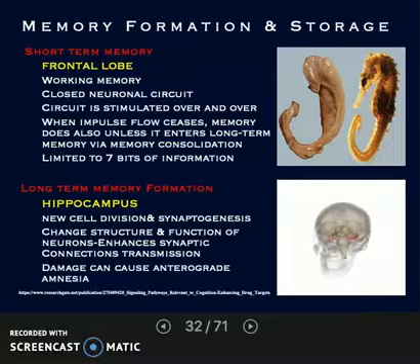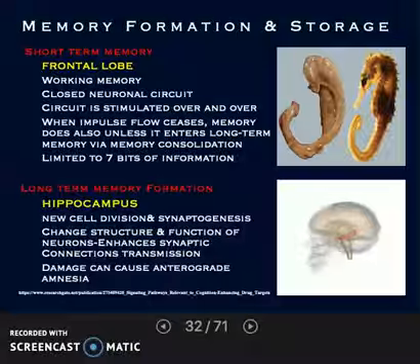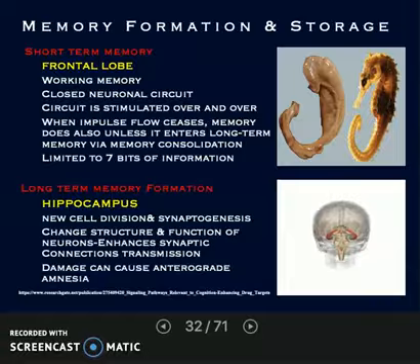Now, long-term memory formation is a horse of another color, and this is processed in the hippocampus, which is just deep to the temporal lobe. The hippocampus is really important in taking short-term memory and turning it into long-term memory.